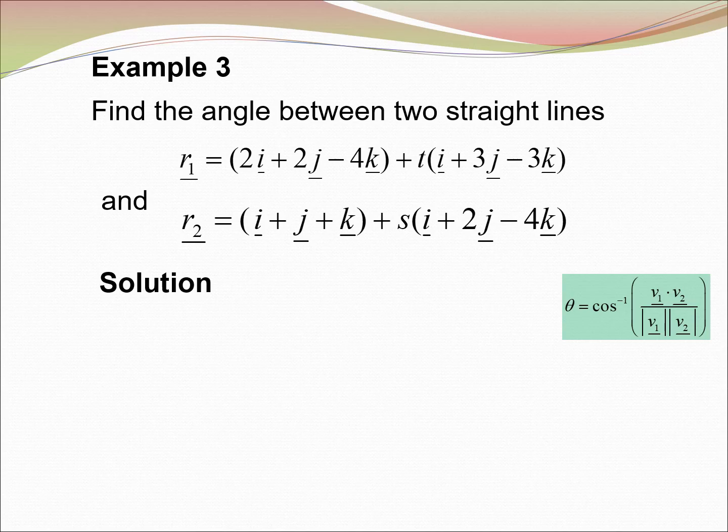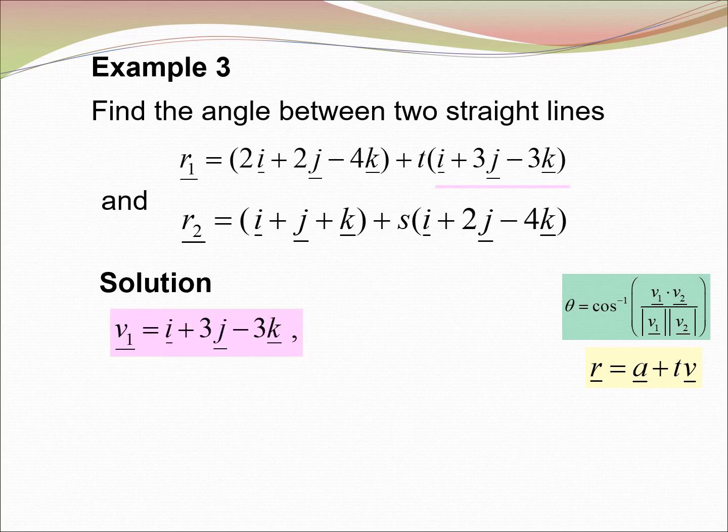So to find the angle, first we need to find v1 and v2. v1 is the direction of the first line, so our v1 is equal to i plus 3j minus 3k. And v2 is the direction of the second line, so our v2 is equal to i plus 2j minus 4k.